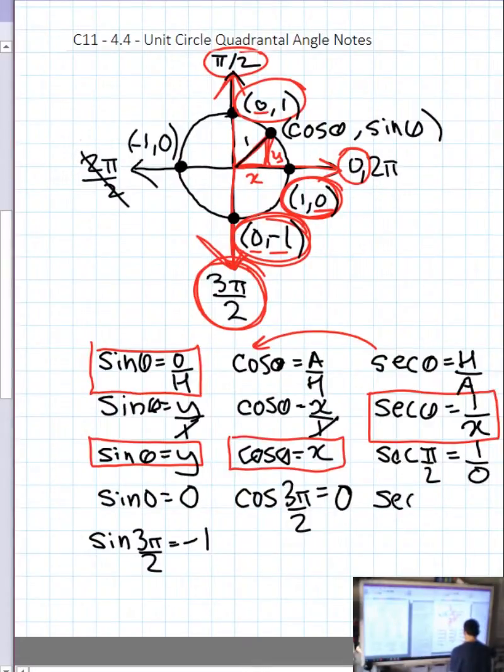Therefore, secant of pi over 2 is undefined. We cannot divide by 0 if 0 is ever on the bottom. We also could have used the definition in the notes that secant is 1 over cos, and cosine was 0 at that value, and then find out that it's undefined using a different route.